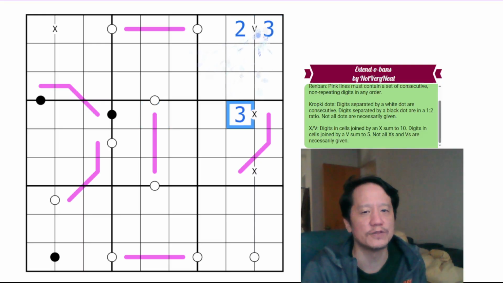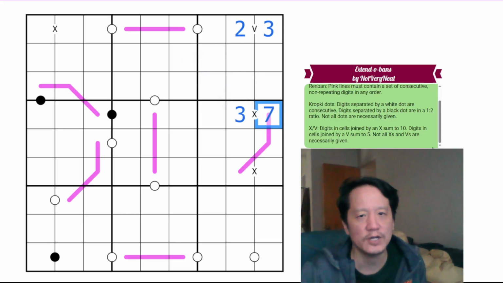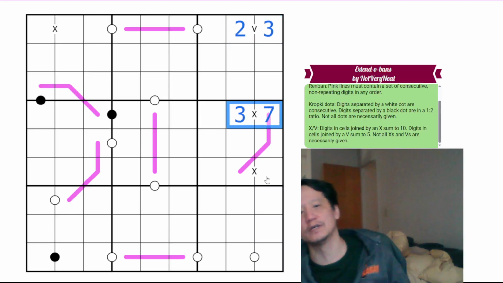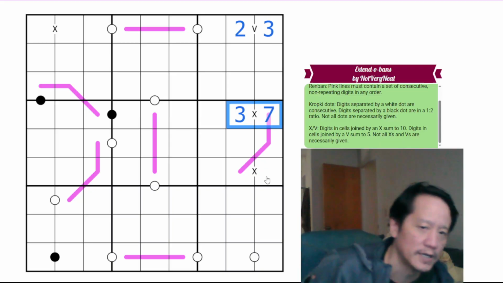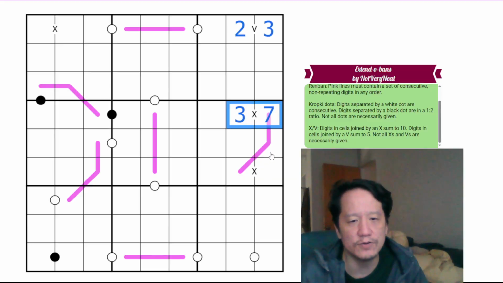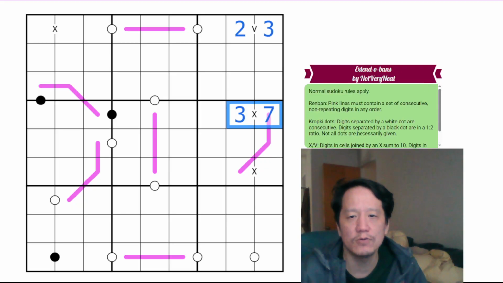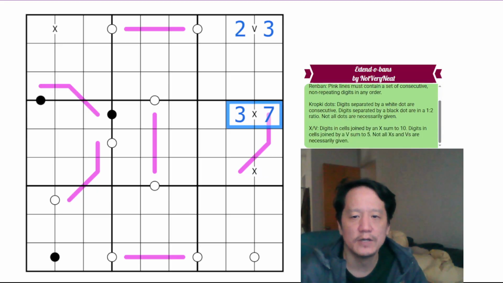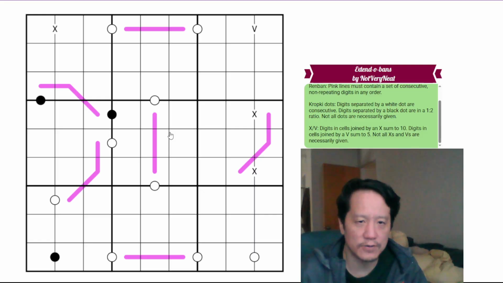If this were a 3, this would have to be 7, because these two digits must add up to 5 because there's a V between them, and these two digits must add up to 10 because there is an X between them. And those are all the rules. If you'd like to play along, there's going to be a link in the description. And now I'm going to get started. Let's learn how to Sudoku.